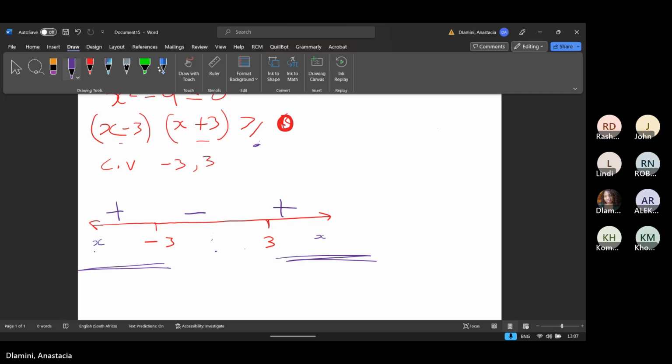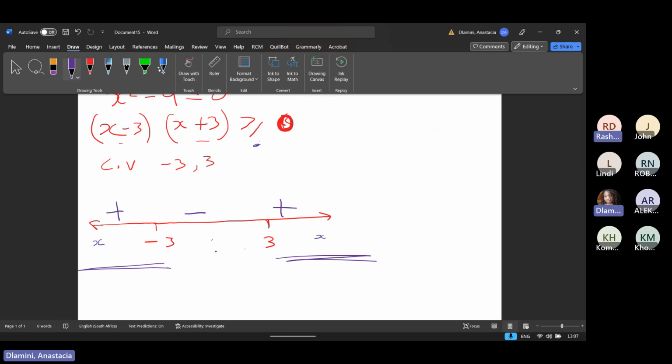Yes. Why the shark will eat x? Because it's bigger than. Remember, x represents a number less than 3. Here, x represents any number greater than 3. So, would it eat x or -3? X, because x is smaller.